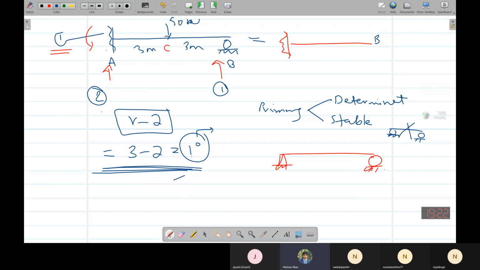So we have 2 conditions for a primary structure: it has to be determinate and it has to be stable. So I've created here 2 structures that are determinate as well as stable. This is a cantilever beam, which is determinate, and this is a simply supported beam, which is also determinate.